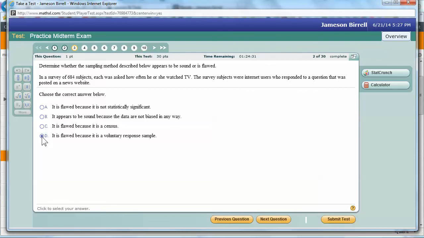So how about the last one? It is flawed because it's a voluntary response sample. We talked about voluntary response samples as we reviewed number 1, but remember the problem is that because they're choosing whether they're going to be subjects by the way that they respond, there's a bias that can arise in different ways. There's the famous one from the Literary Digest that did the polling for the Truman and Dewey presidential campaign.